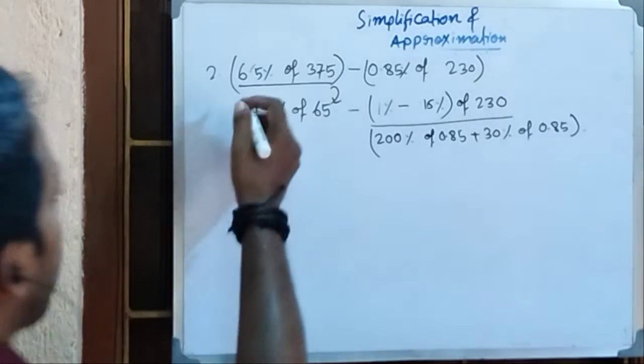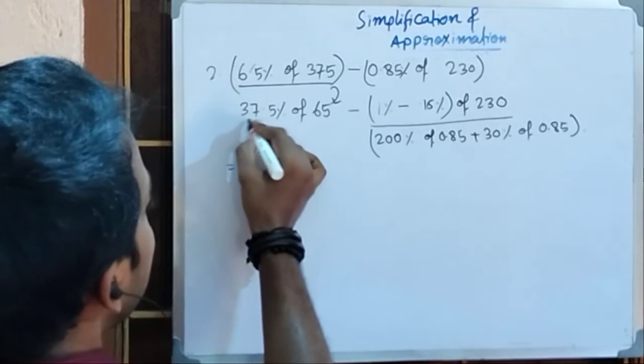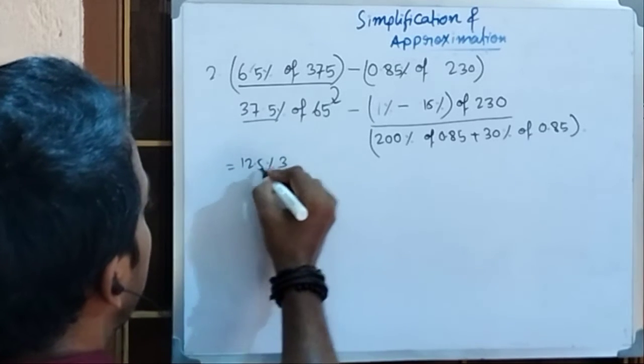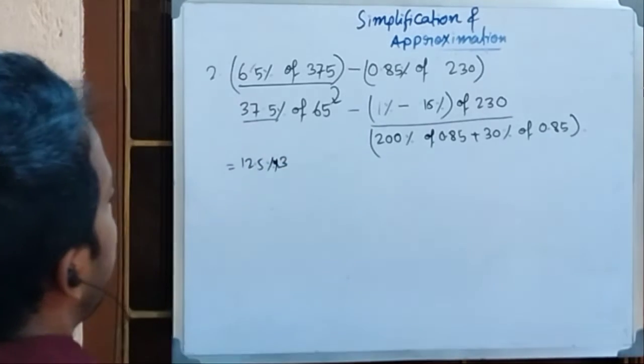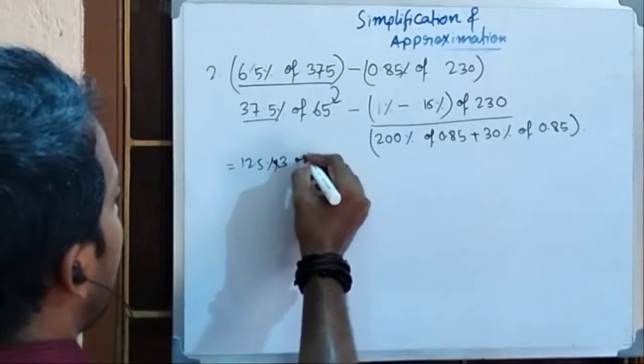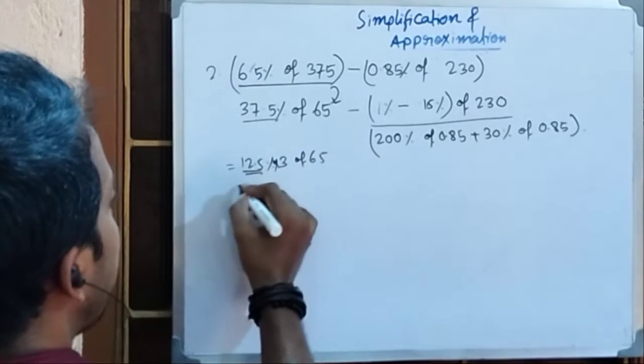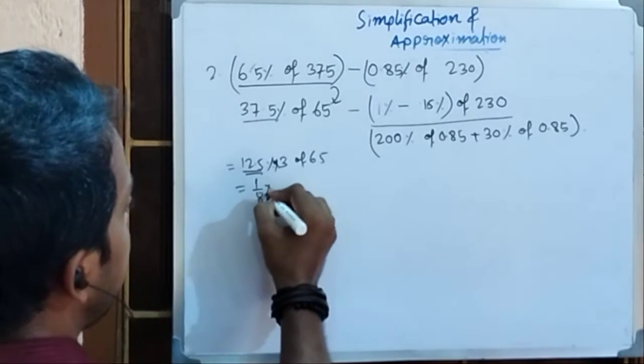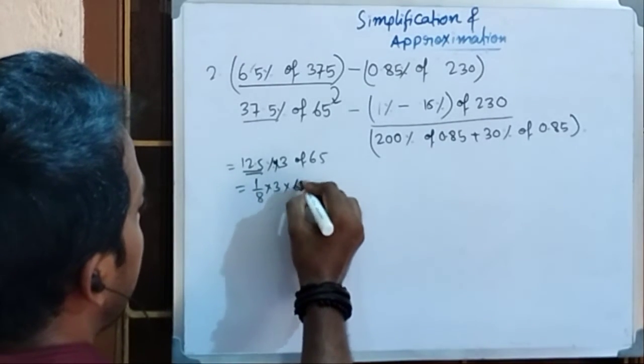Now moving to solve it further. So 37.5%, it is exactly 3 times 12.5, right, and of 65. So 12.5, whose fractional value comes in 12.5? It is 1 by 8, 1 by 8 into 3 into 65, right?